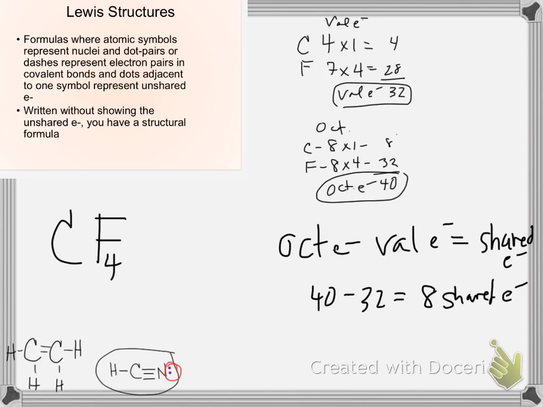That makes sense. Well, what is a bond? It's 2 shared electrons. So the number of shared electrons divided by 2 equals the number of bonds. So 8 divided by 2 equals 4 bonds.